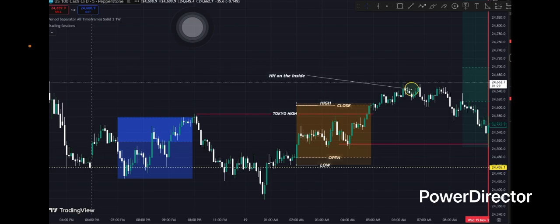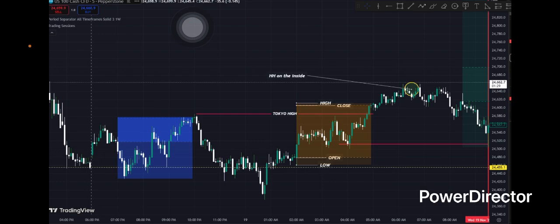There is no creator name next to it, it's just under technicals. What I like about this trading sessions indicator is that it plots the open, the close, the high, and low of the session, and it does that in real time, which I find helpful for me.